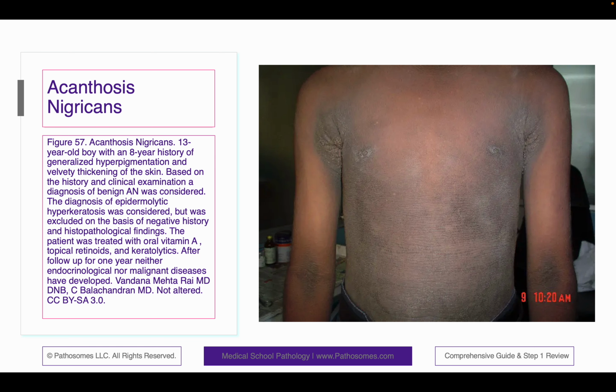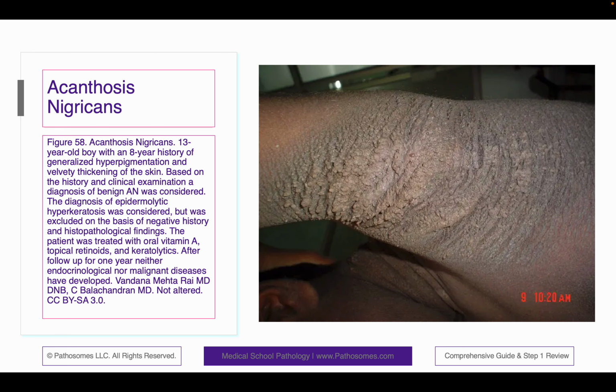Here we have a picture of a young patient with an 8-year history of acanthosis nigricans. This is a very atypical presentation for acanthosis nigricans.